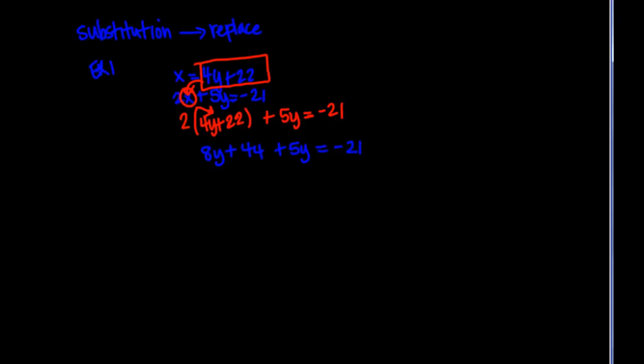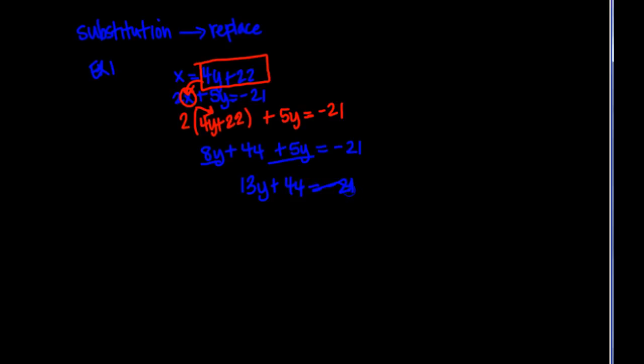So our first step in solving equations, remember, we combine like terms. We look for like things. And so I see I have an 8y and a plus 5y. So I'm just going to throw those guys together. So 8 plus 5 is 13y plus 44 equals negative 21.